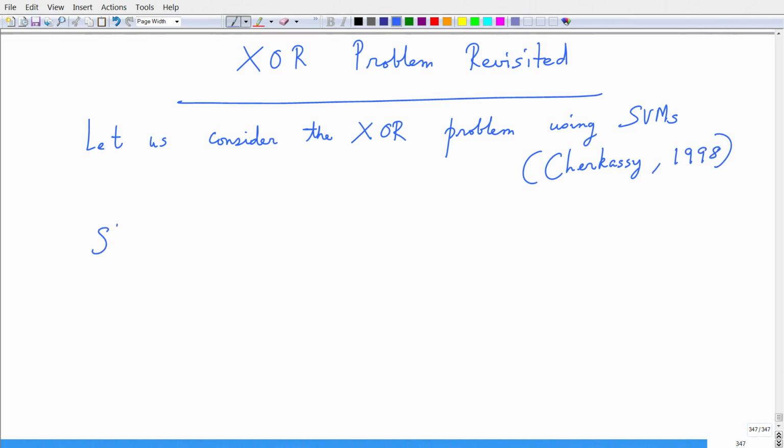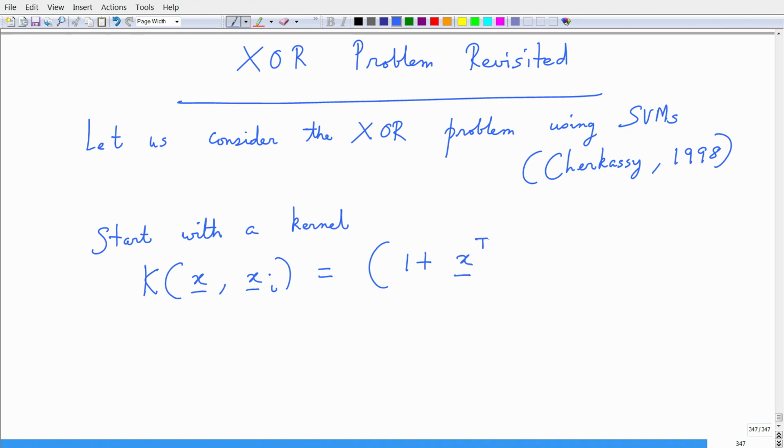So we start with a kernel and we assume this kernel to be a polynomial type given by k of x comma xi is (1 plus x transpose xi) squared, and I assume that these vectors are in a 2-dimensional space.